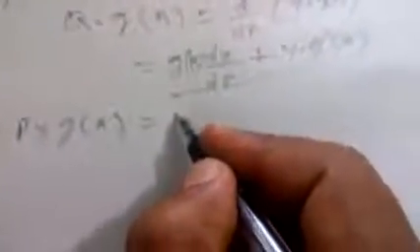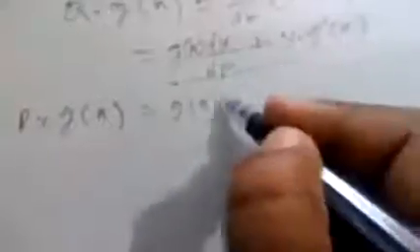So our result is g(x) dy/dx plus P y g(x) is equal to g(x) dy/dx plus y g'(x).